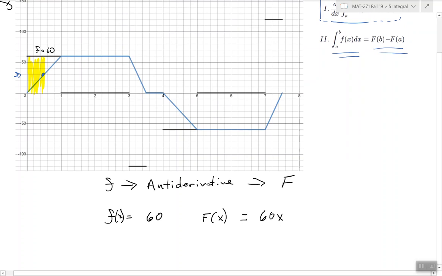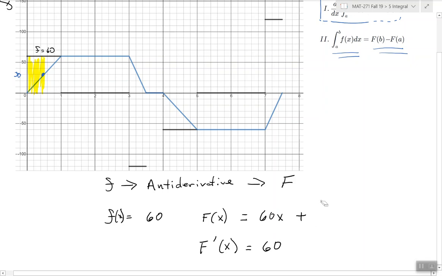So the derivative of 60x is 60. That looks like it works. But what about the derivative of 60x plus 3? Well, the 3 falls out when I do the differentiation, so F prime of x, if F of x is 60x plus 3, is also 60.